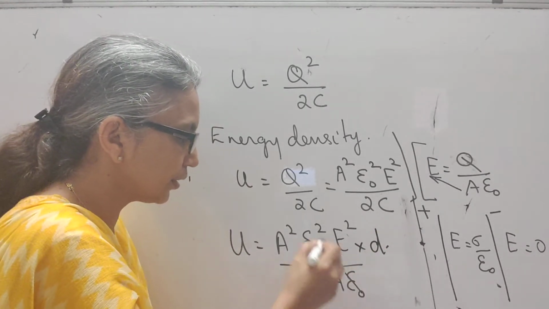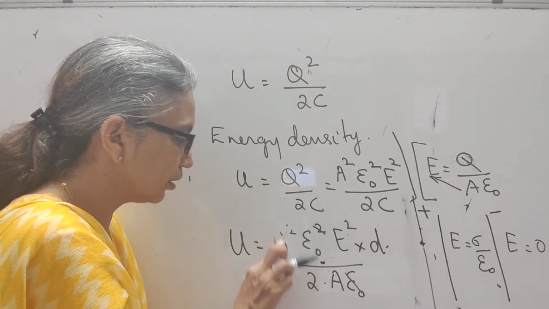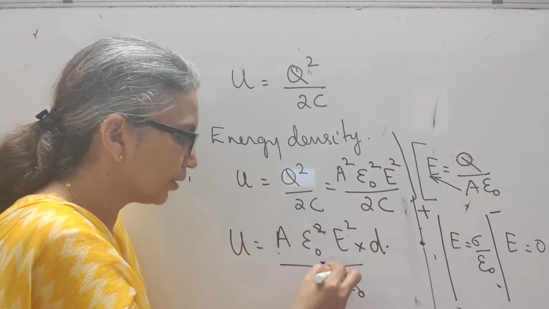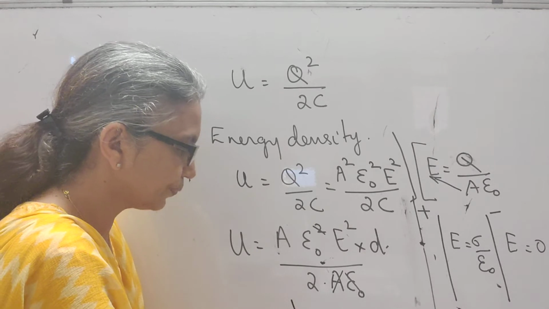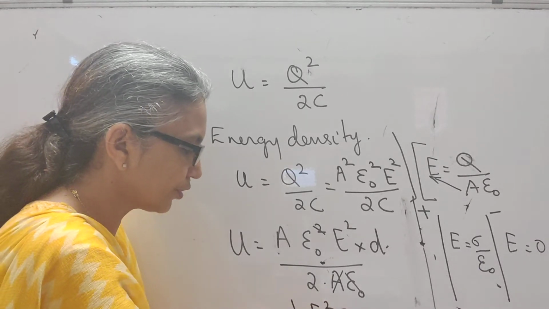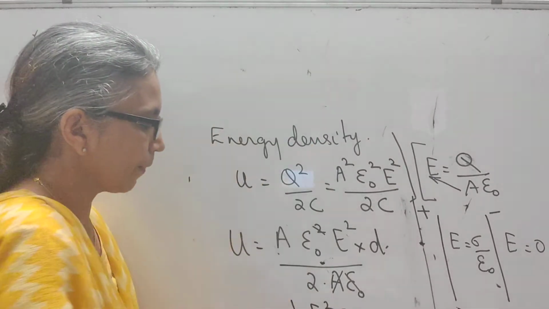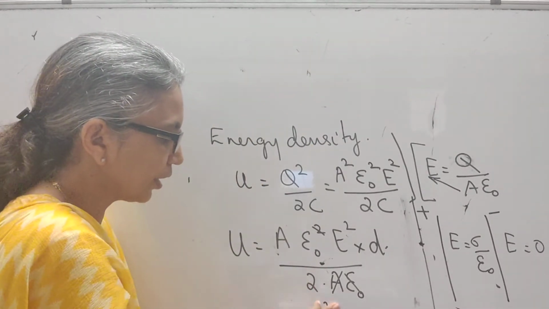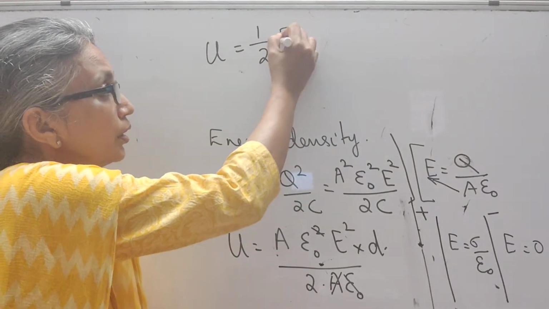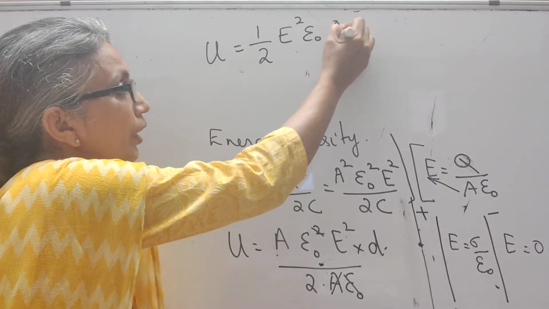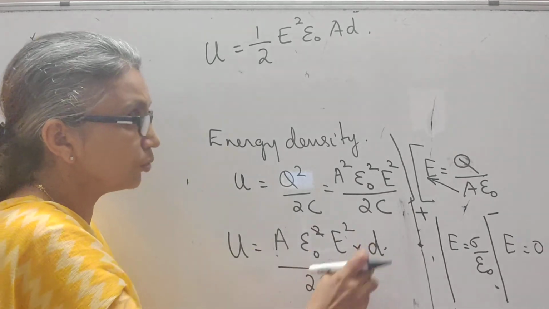So I may cancel this and this, and an A is left here, but this gets cancelled. After cancellation, I may write it as U equal to half E square epsilon 0 A into D. Half epsilon 0 E square A into D.